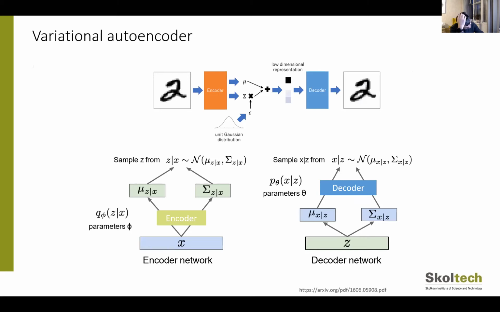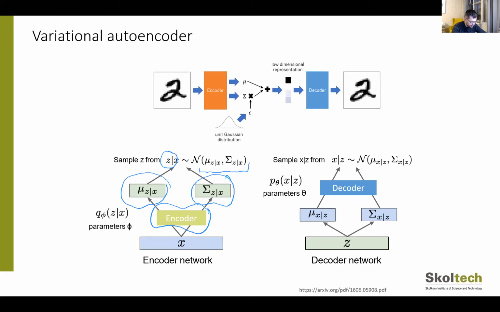For the variational autoencoder, we say that we have an encoder network that produces a mean value and covariance matrix for our distribution of Z. Then, to get this Z, we sample from a normal distribution with this mu and sigma to get the latent representation.